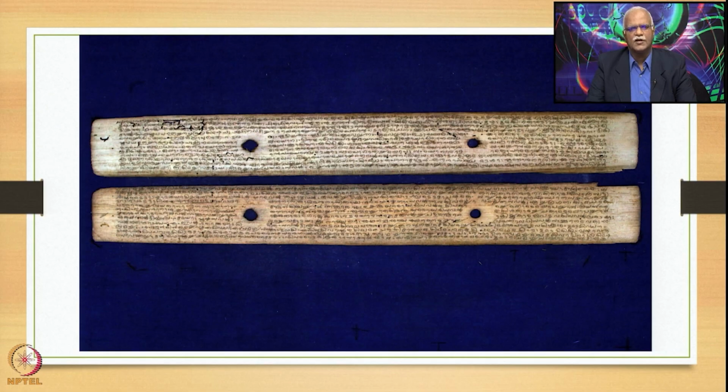Here are the screenshots of the 2 palm leaves, and this is a manuscript written on palm leaves. As you see, the text is written down horizontally one after another without any visible break in between to indicate a unit called sentence.